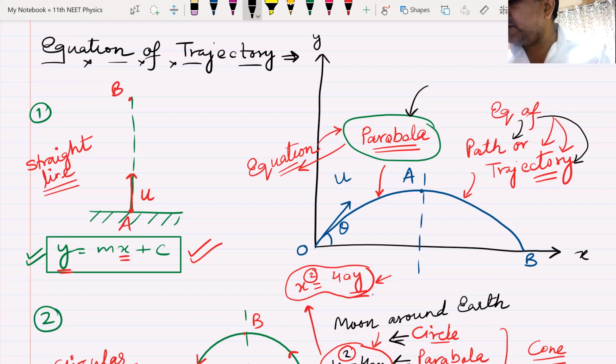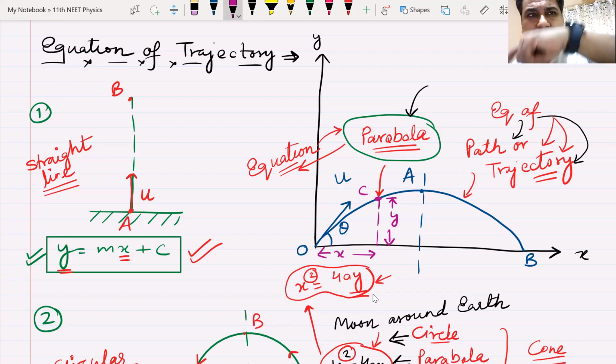If at any point of trajectory, point C is on the trajectory, point C will have X coordinate, point C will also have Y coordinate. Any point on this trajectory will have X and Y coordinates.